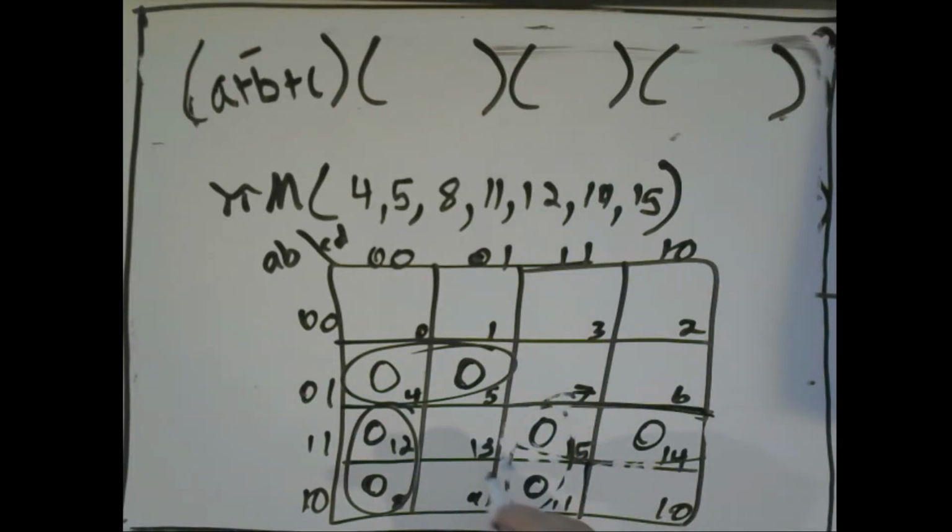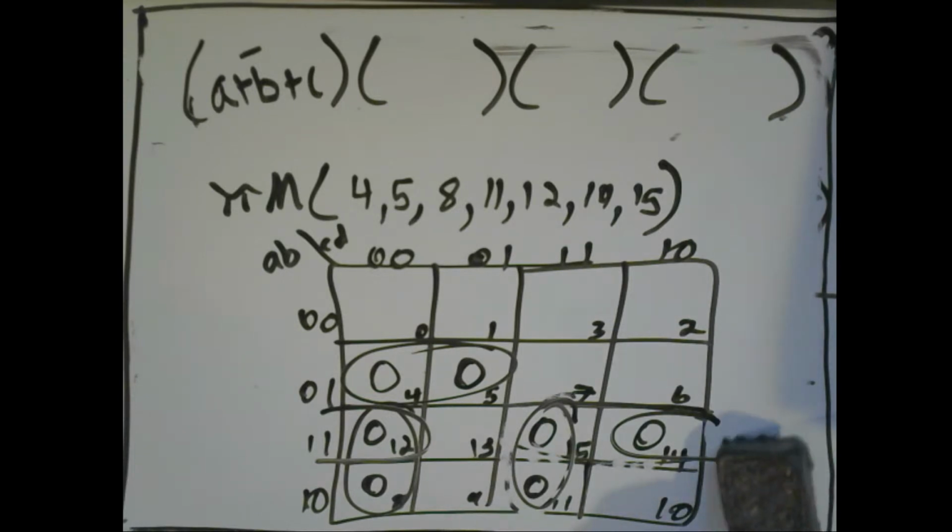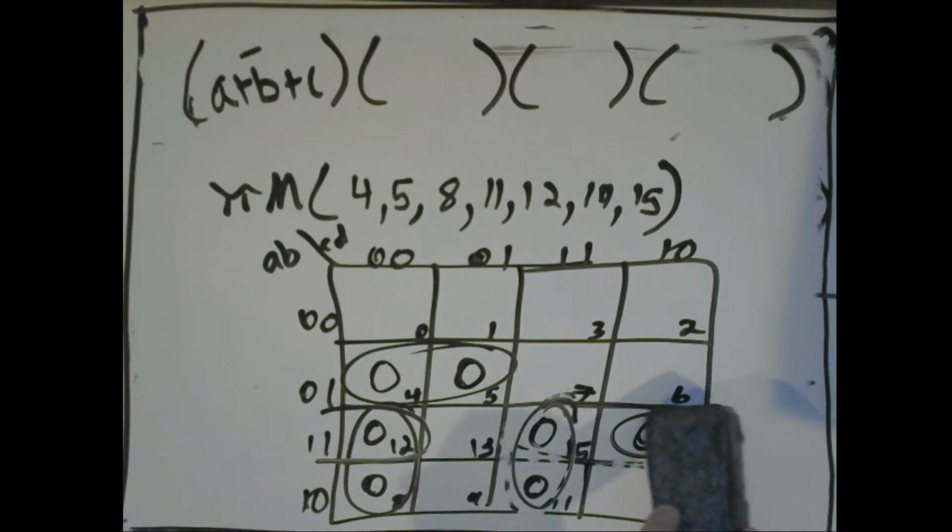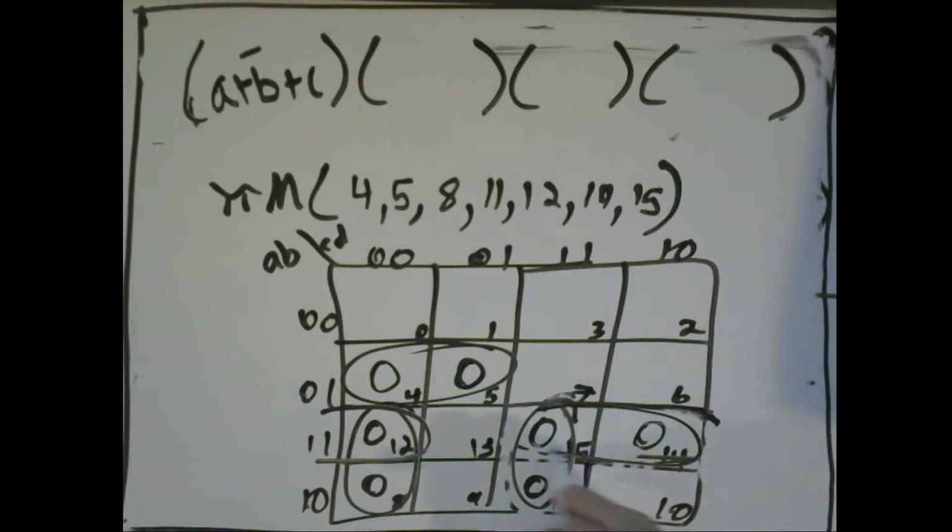Like, instead of doing this crisscross right here that I did, you could wrap around like this and do this, and you would get different terms but the same level of complexity. It would still be simplified, but there may be 1 or 2 most simplified ones that are the same level of complexity.